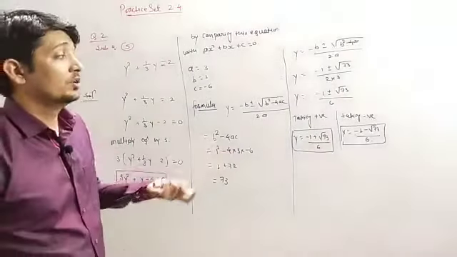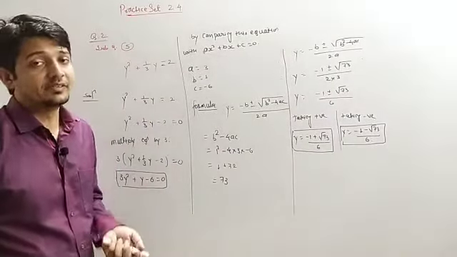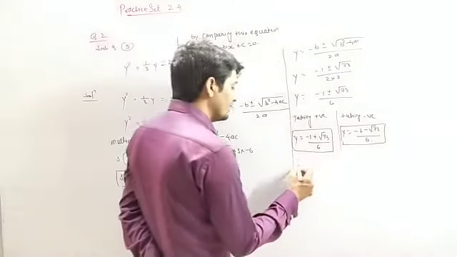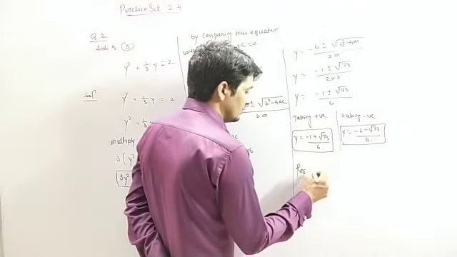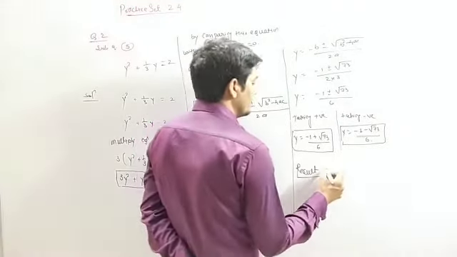So we have both roots of the quadratic equation, that means we have the answer now. So we have to write the result. What will be the result?